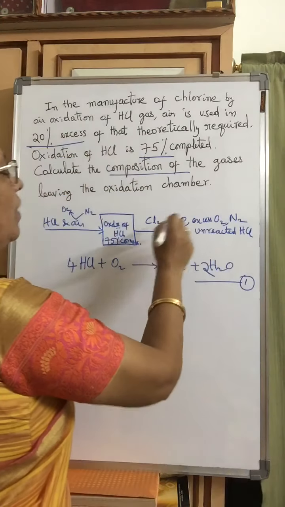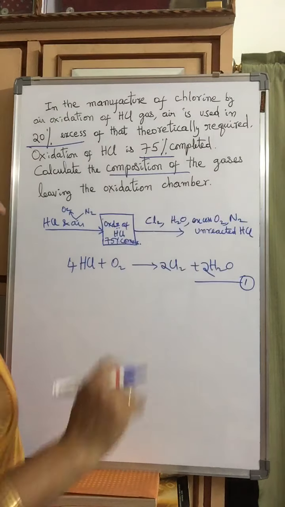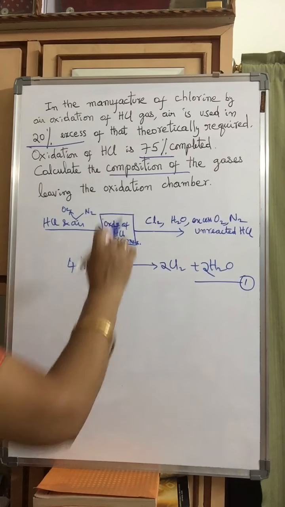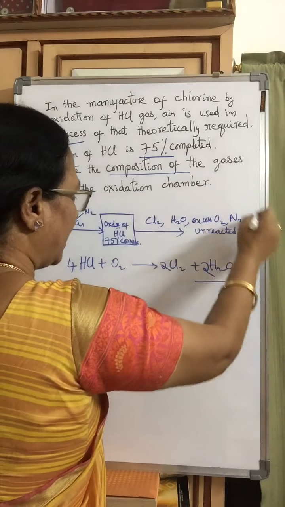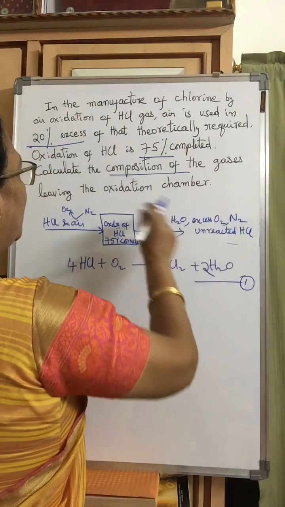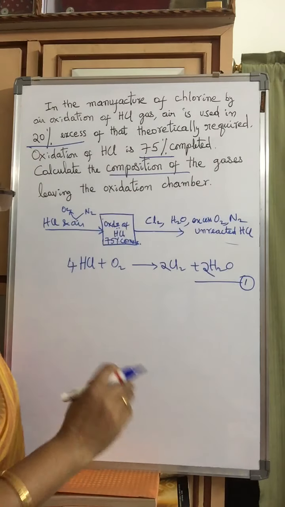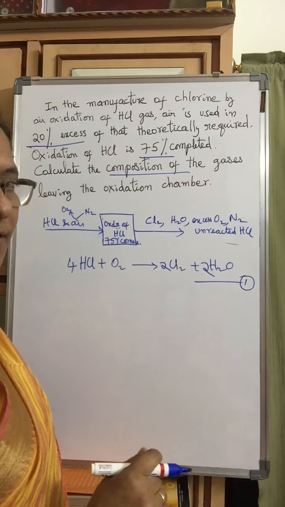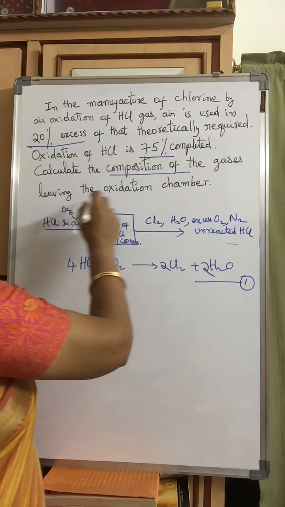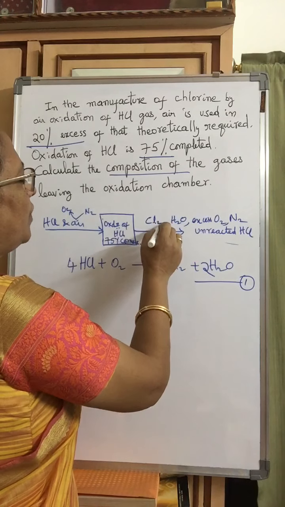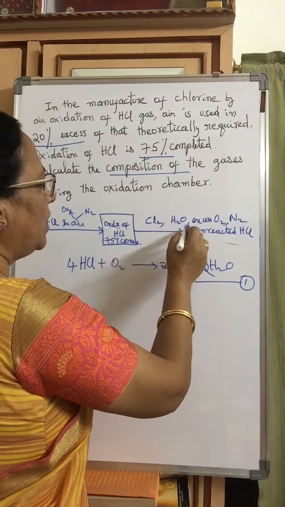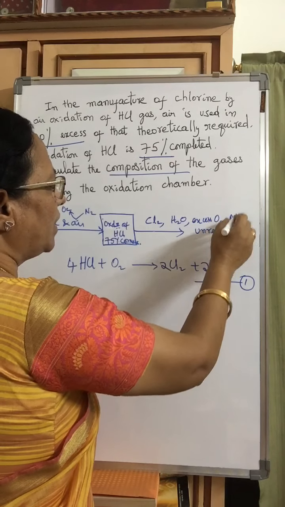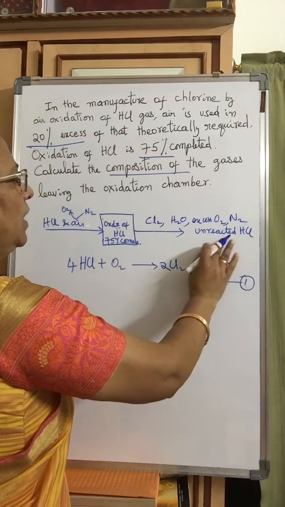Okay, so 1, 2, 3, 4, 5 components are there. Now the question is calculate the composition of the gases leaving the oxidation chamber. We work out the problem on a mole basis only. That means for composition of the gases, first we need to calculate moles of chlorine leaving, moles of water leaving, moles of oxygen leaving, nitrogen leaving and HCl leaving.